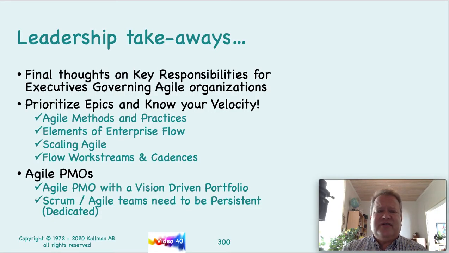So I've got some final thoughts on the key responsibilities for executives governing agile organizations: prioritizing epics, knowing your velocity, some of the methods and practices, some of the elements of enterprise flow, scaling agile, workstreams and cadences, and then a little bit about Agile PMOs. If you're using PMOs in your organization, you're going to want to shift them over to Agile as soon as possible.